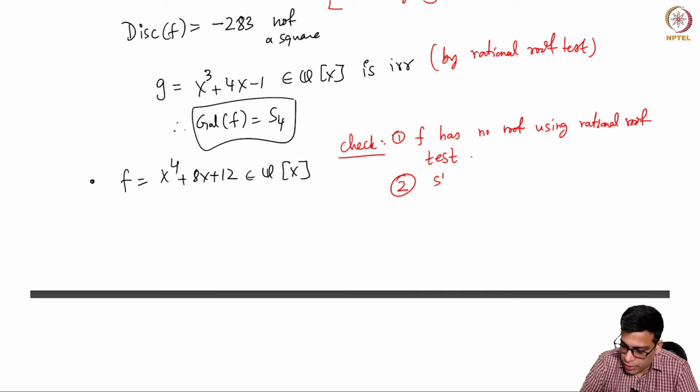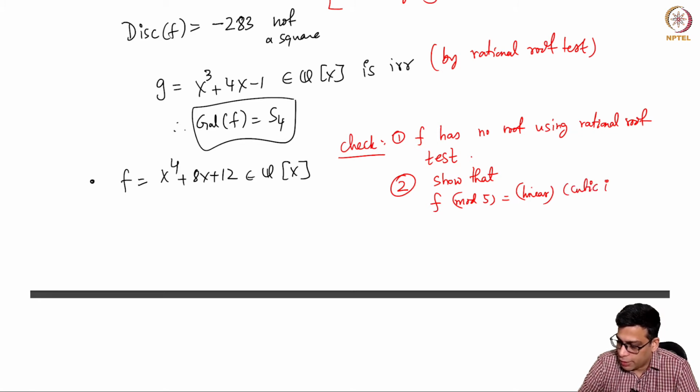Now show that f mod 5 is a linear polynomial times a cubic irreducible polynomial.